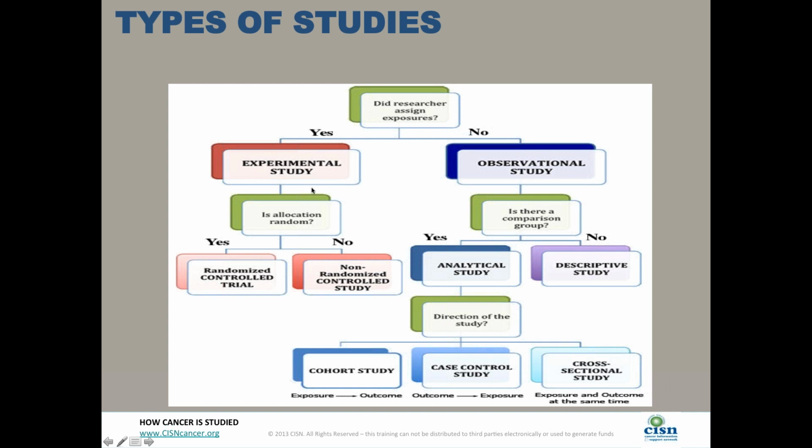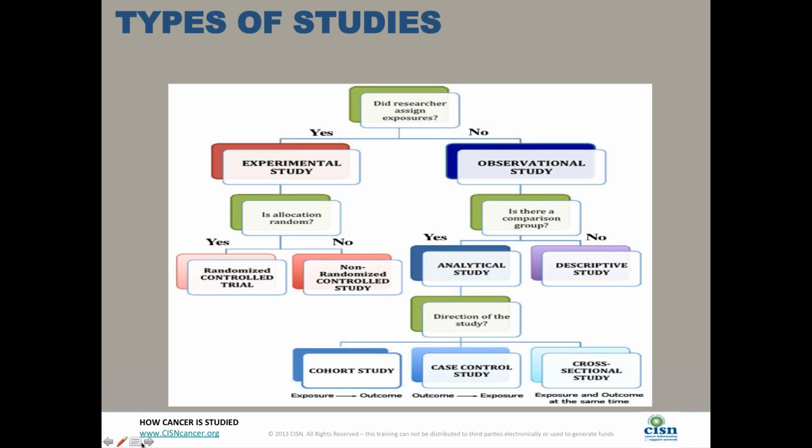It's real tough. There are very few experimental studies because then you're randomizing, and you don't want to give somebody an exposure to something. You don't want to have a group and say, okay, now 100 of you are going to smoke this many cigarettes a day, or 100 of you are going to be exposed to benzene. So we don't have very many studies like that.